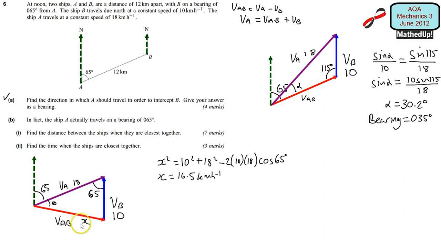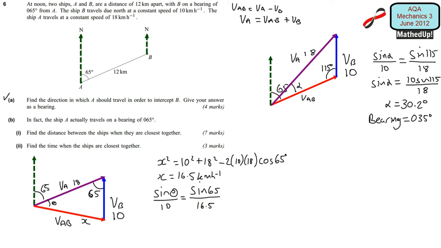So sine theta over 10 is equal to the sine of 65 over x, which is 16.5. So sine theta is equal to 10 sine 65 over 16.5.